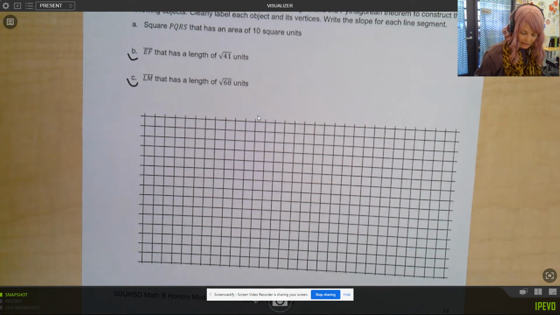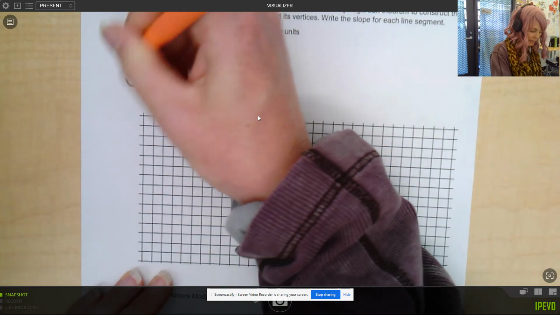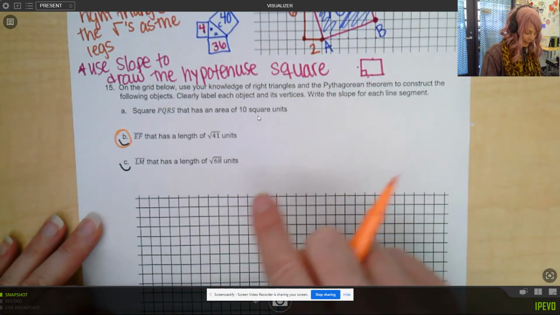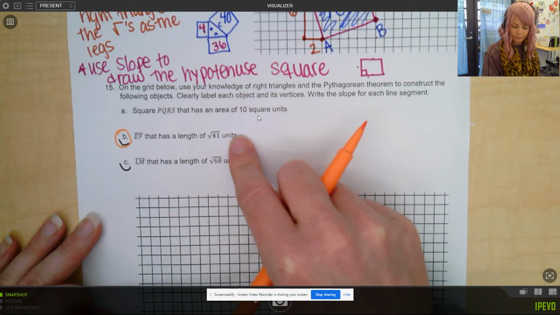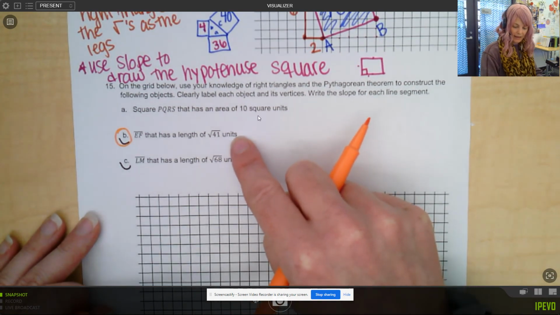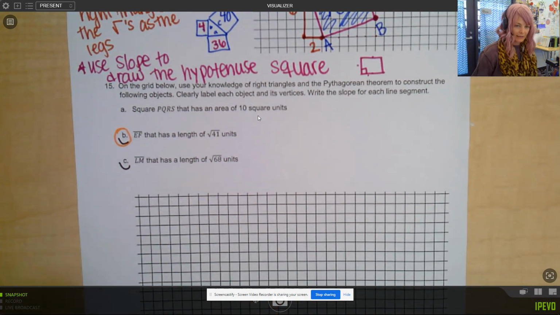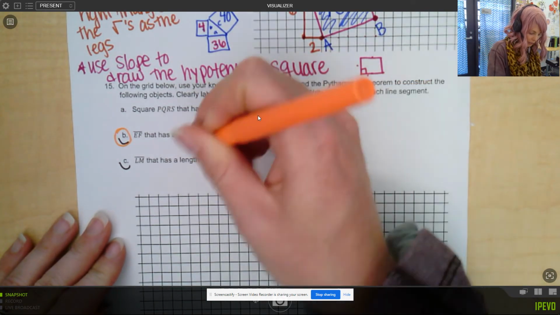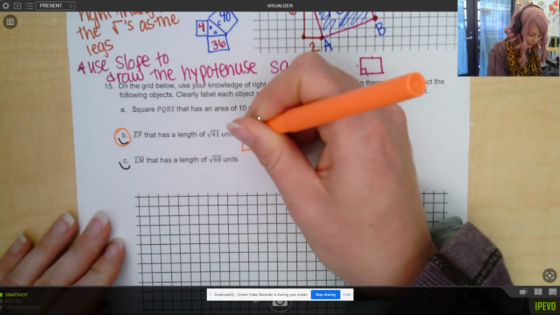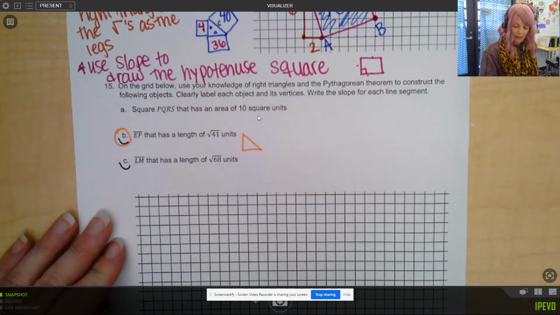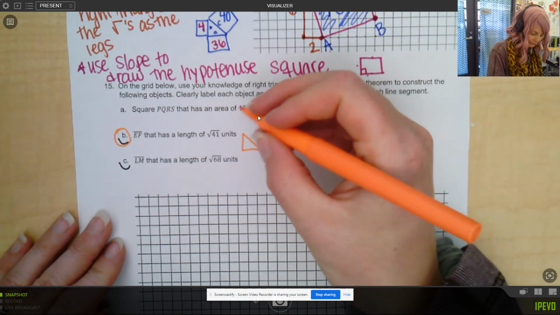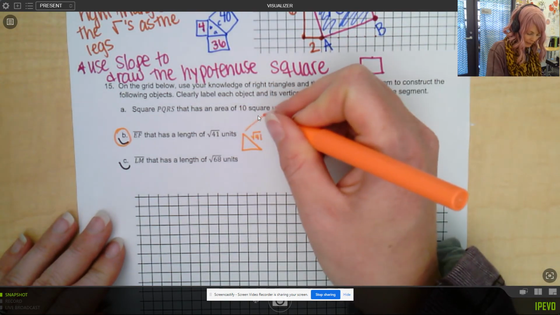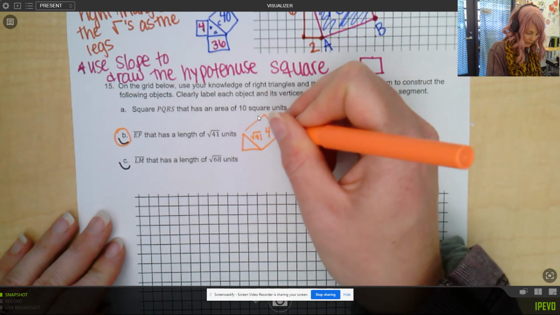So first things first, I'm going to help you out with B, and then you can do A and C on your own, since A is pretty similar to what we just did above, and C will be similar to what we do in B. So taking a look at B, if we want just a segment that has a length of square root of 41 units, if we think about our right triangle we're going to make here, I always like making a plan. We're going to have the square root of 41, so this area will be 41.